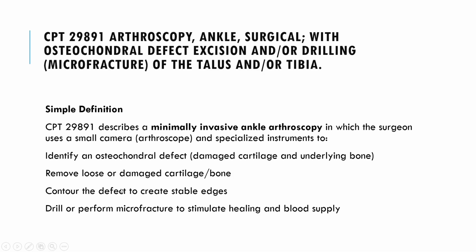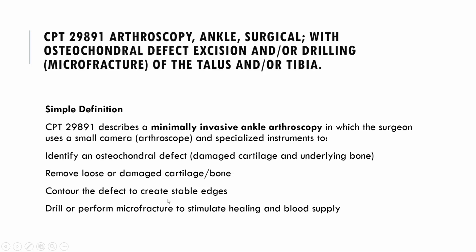He will remove loose bodies or damaged cartilage or bone. These are the fragmented loose bone, and loose or damaged cartilage. He will contour the defect to create stable edges. Then the drilling technique is performed: he will make holes or perform microfracture that will stimulate healing and the blood supply.